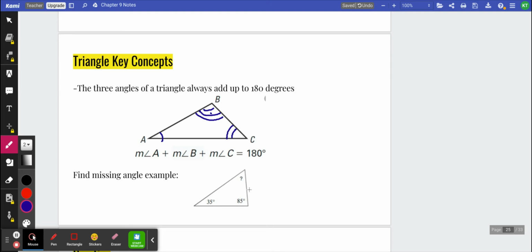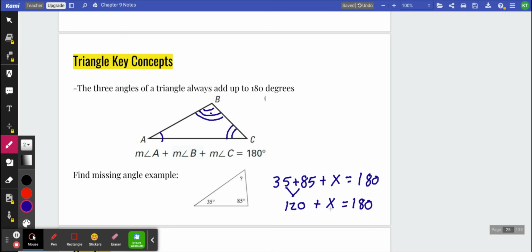So if I know two of the angles, I should know what the third one is, right? Because I know that 35 plus 85 plus something equals 180. These three always total up to 180. So I can see here that if I add these two together, I've used 120 of the 180.